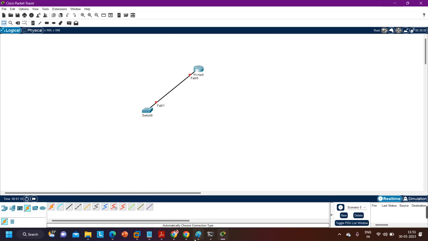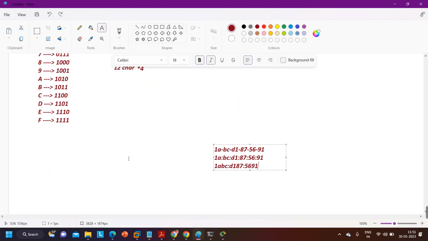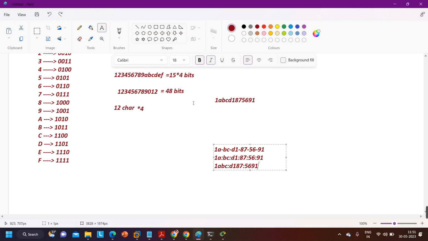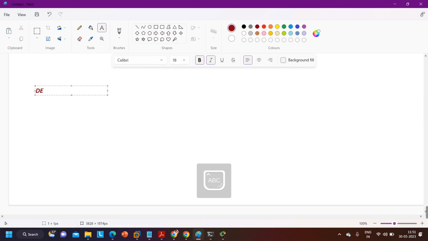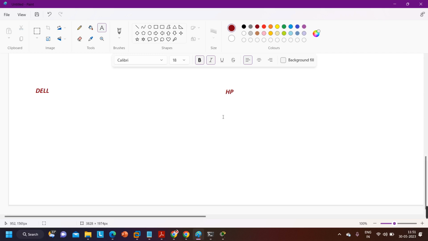Now see how vendor company is assigning MAC address to computer. For that, let's say I am taking example of 2 companies. There is one company whose name is Dell. You all are familiar with Dell? Dell and HP? Both companies are manufacturing computers, laptops, yes or no?